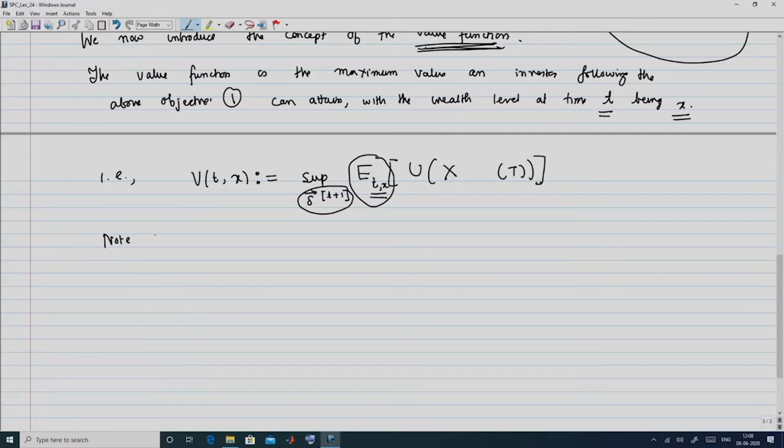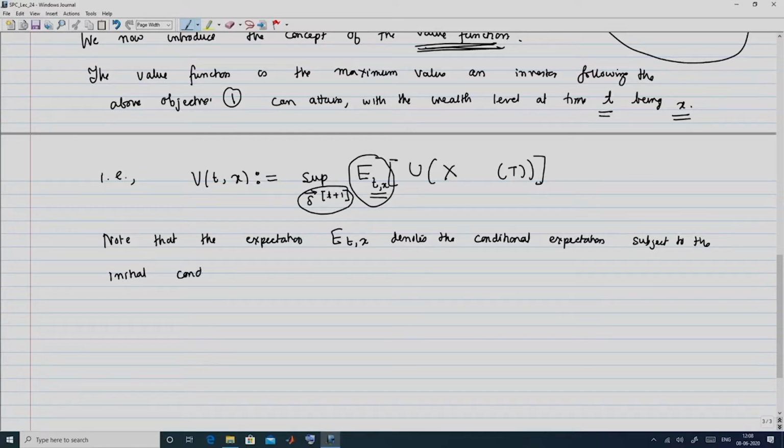So, we need to make a note about this, that the expectation E subscript t,x will denote the conditional expectation subject to the initial condition that X(t) is equal to x, along with all the information available up to time small t.